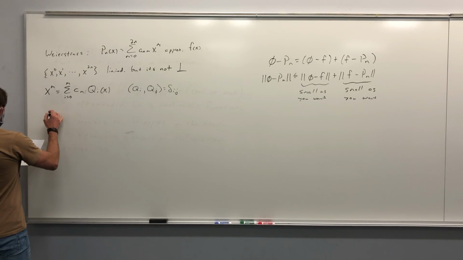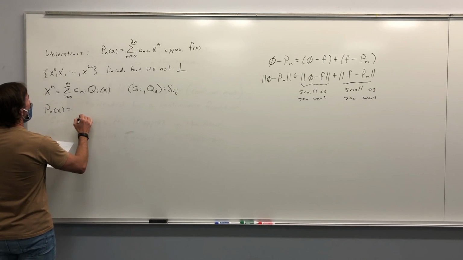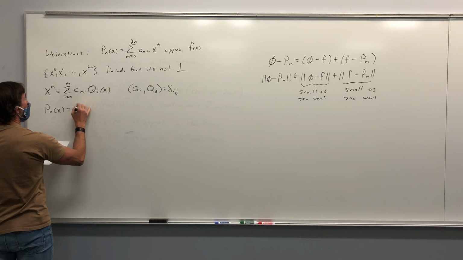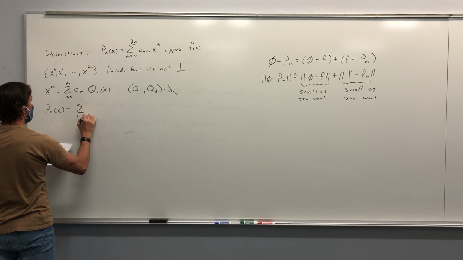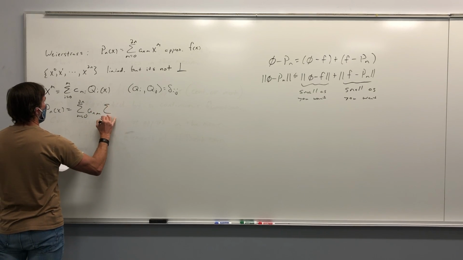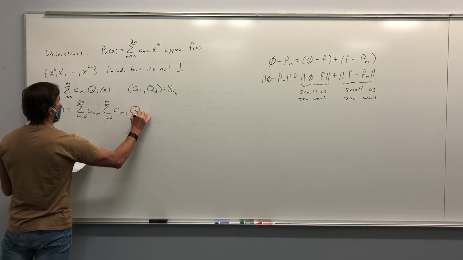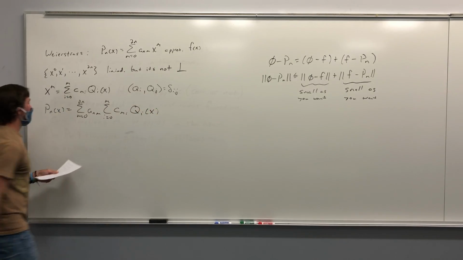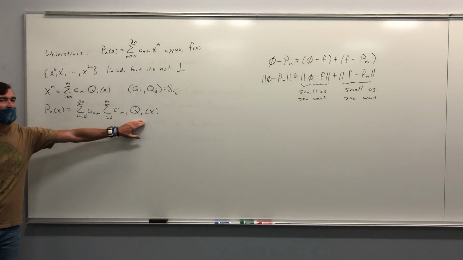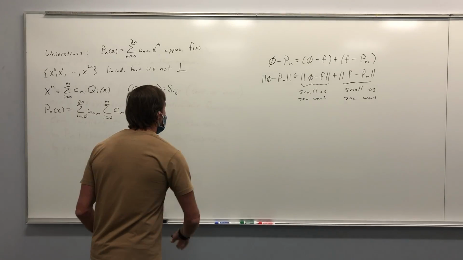So once we can do that, then that means that our polynomials here can be written as a linear combination of these polynomials. Okay, so polynomial gives you a polynomial. It's a nice closed story.